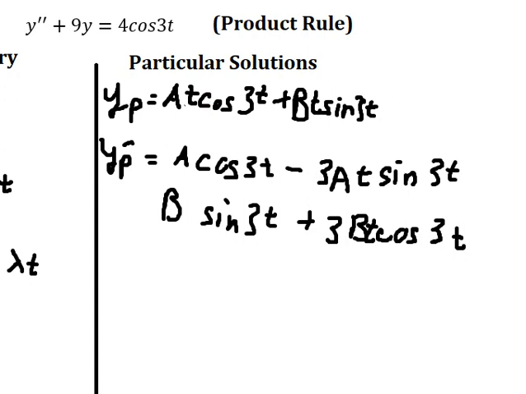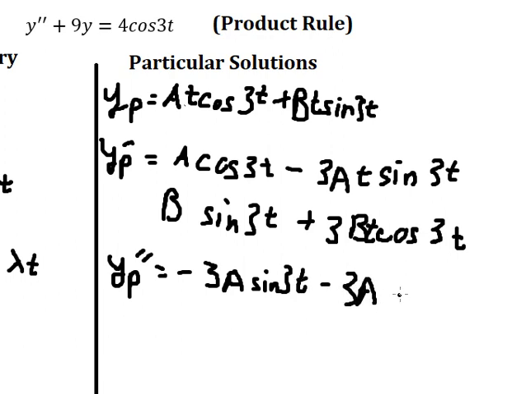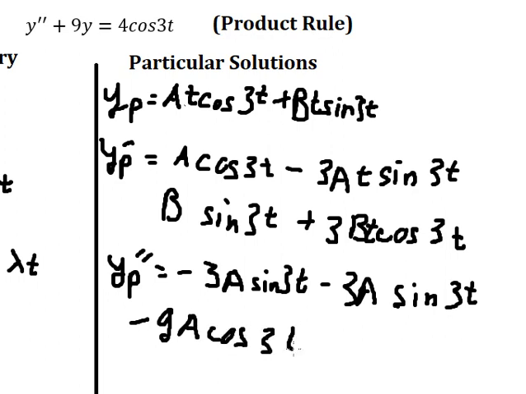So let's go to the second derivative of yp. So we have negative a and we have number 3, so we have negative 3a sine 3t. The next one we have negative a sine 3t. Later we need to take the derivative of sine 3t, and that gives negative 9a cosine 3t.